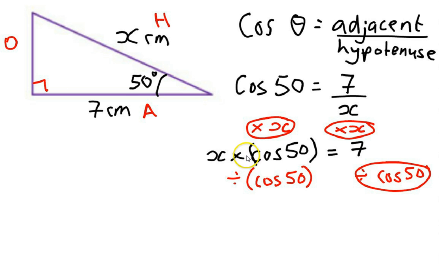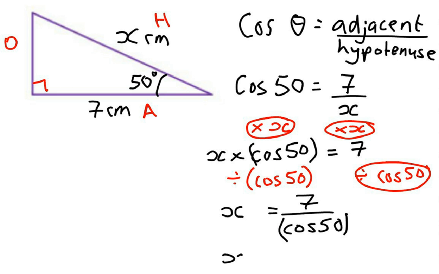So x times cos 50 divided by cos 50 just leaves me with x, and on the right hand side I have 7 divided by cos 50.